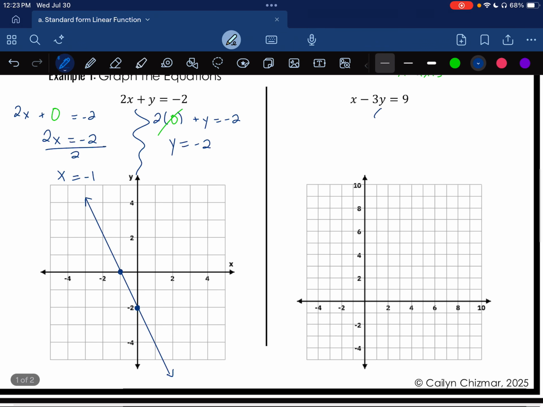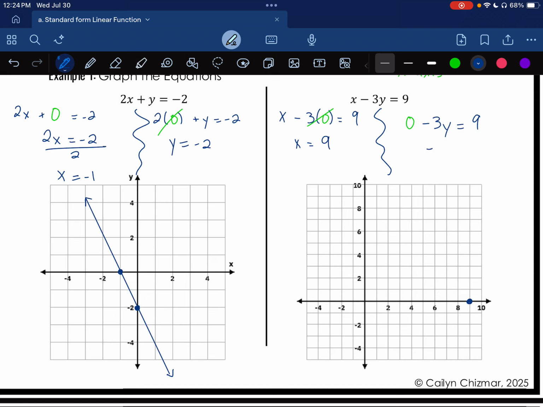All right, so we're going to have x minus 3 times 0 equals 9. So that means x is equal to 9. All right, and the next one we're going to have is x equals 0. So we'll have 0 minus 3y equals 9, which is just minus 3y equals 9, divided by minus 3.